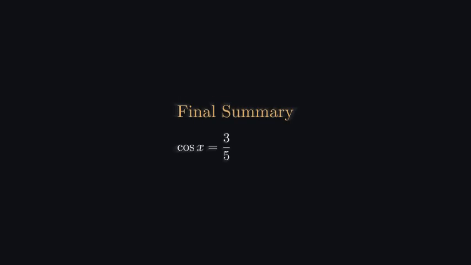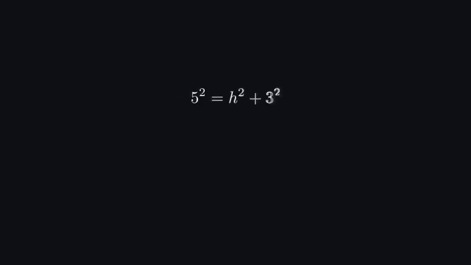To summarize, the key equations are shown on the screen. Substitute the known side lengths. 5 squared equals h squared plus 3 squared. H squared equals 5 squared minus 3 squared.